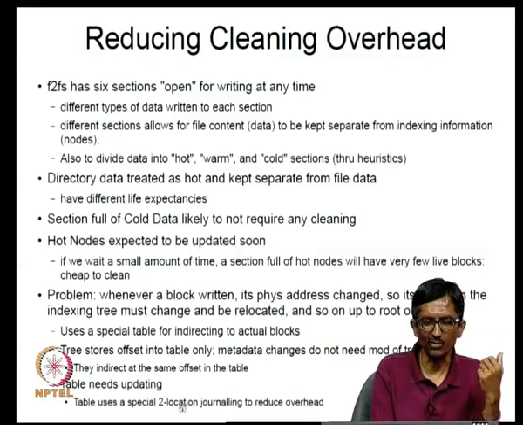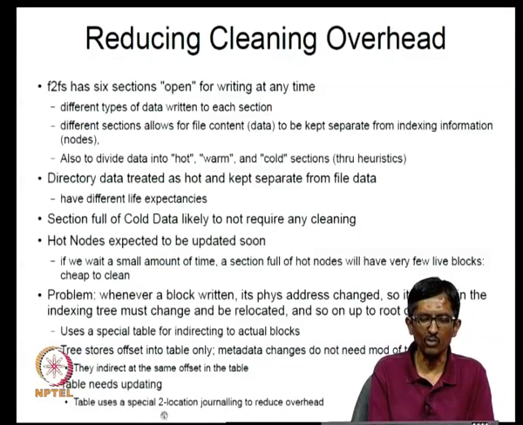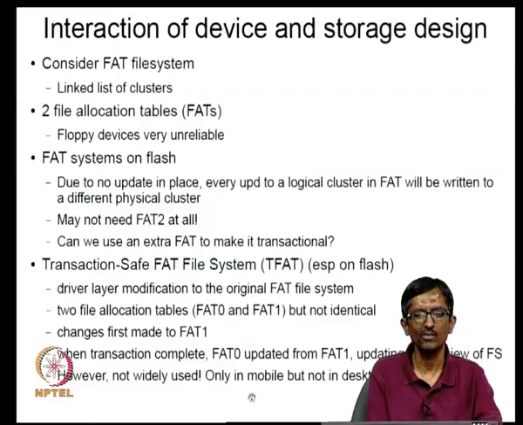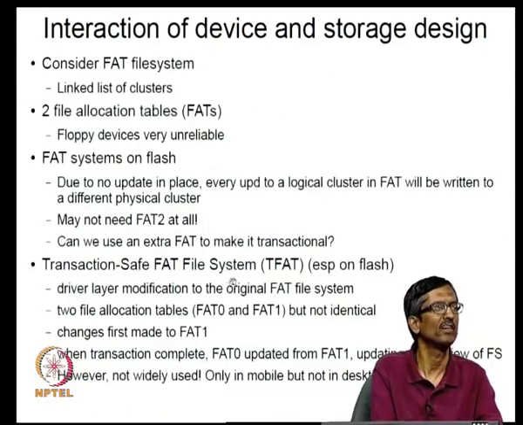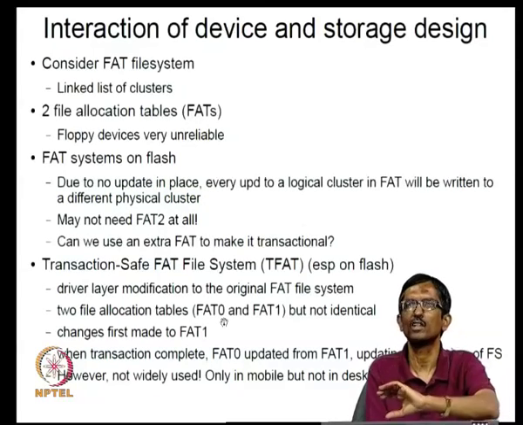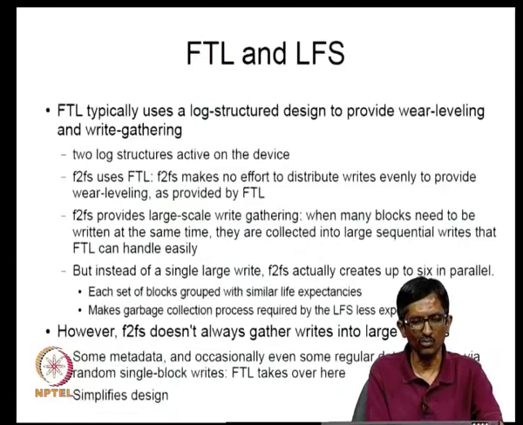Now it turns out that they use a special technique called two location journaling to reduce overhead. It is similar to what we discussed in the case of this FAT0 FAT1. Remember the FAT0 FAT1, you keep one thing consistent and write to the archive, then you go back and forth. It turns out that they do something similar here.